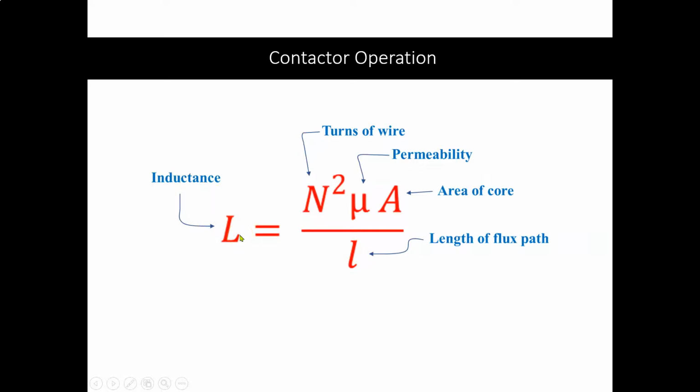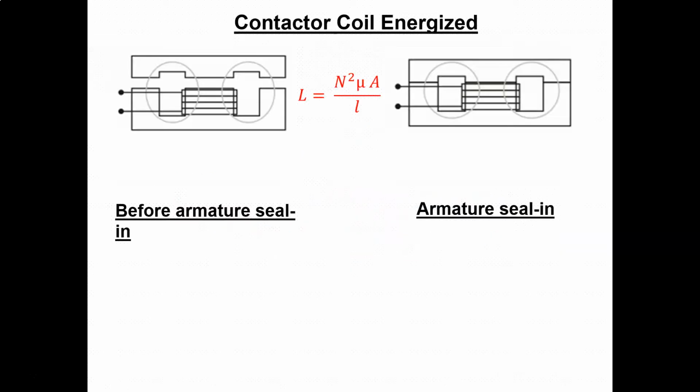And you can think of inductance right now as kind of a resistive portion of your circuit, in a sense. So the whole purpose of this is getting to a contactor, right? When this coil is energized, these coils here are energized, and I have a magnetic field. The magnetic field has to travel through an air gap here, and that air gap is represented by your flux path.